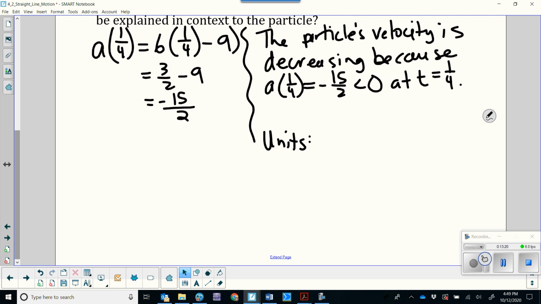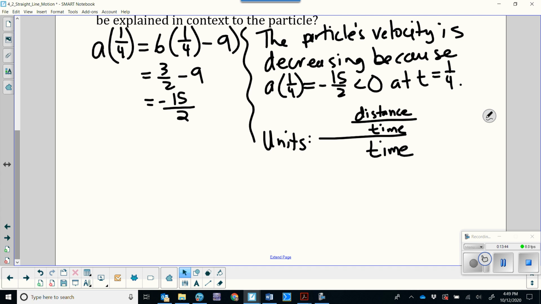That's how we find that. So that means it's going to be distance over time, because that's velocity. Velocity is the change in distance over time, and then we took that change in velocity further over time. So that's the way I get my units, okay?